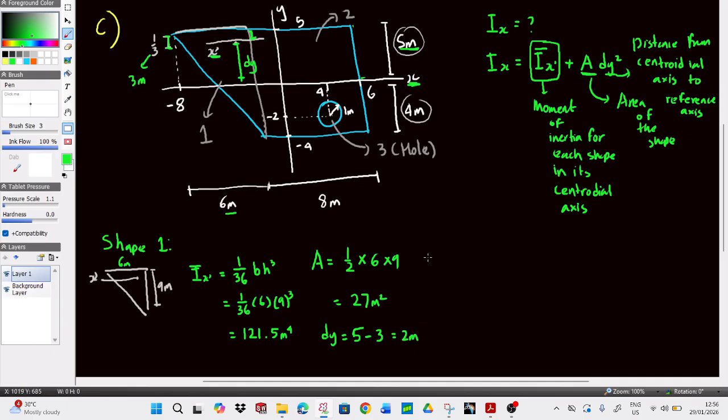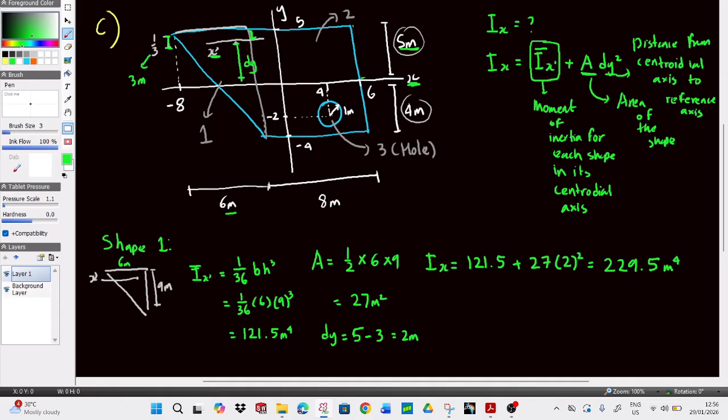So your Ix for shape 1 is equivalent to 121.5 plus 27 times 2 squared, which is 229.5 meters to the power of 4.